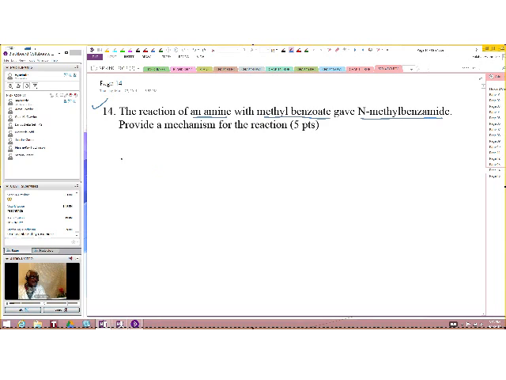So we know this is methyl benzoate. It is an ester, methyl benzoate, which is the ester of benzoic acid.